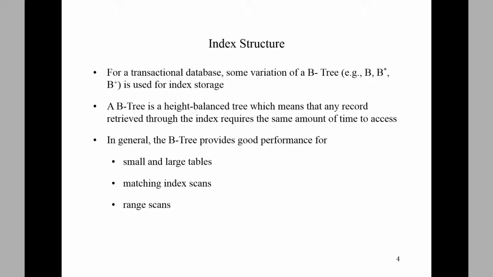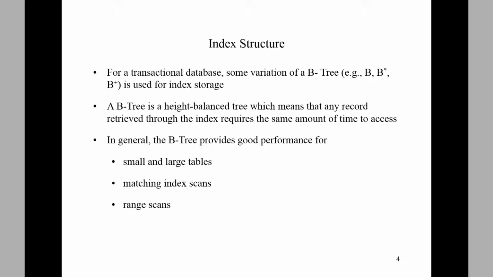A B tree is said to be a height-balanced tree. This means that any record retrieved through the index, or any data retrieved through the index, requires the same amount of time to access. The distance from the root to any of the leaf nodes is the same because it's height-balanced.